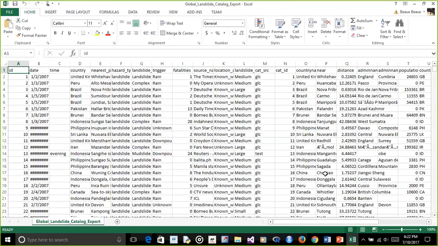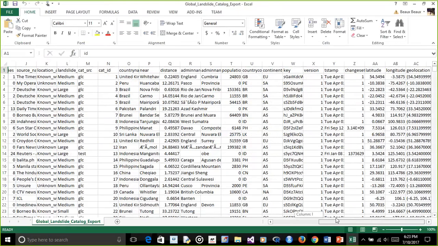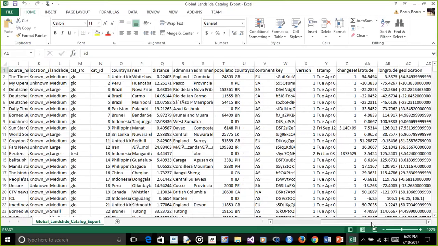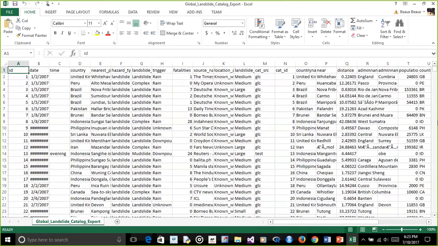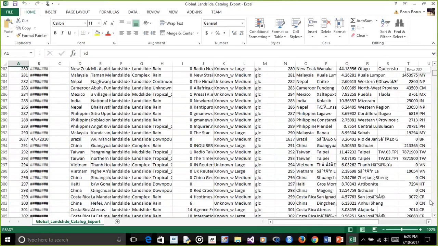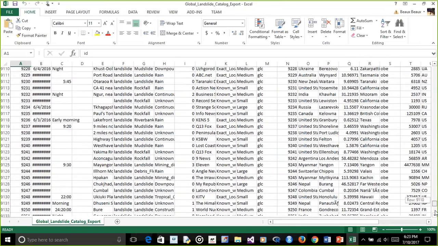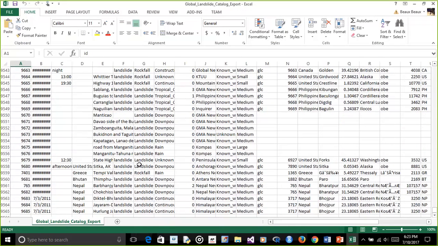As you can see here, we have many variables, but it is a very, very large data set. I had to go through and put some zeros in because a lot of places had zero fatalities, and a lot of those spaces were blank.